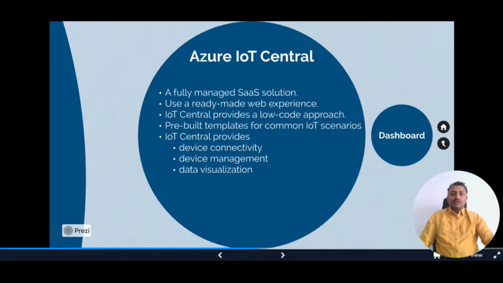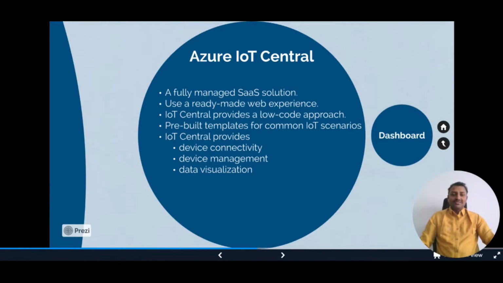IoT Central provides a low-code approach to IoT application development and device management. It has many pre-built templates for common IoT scenarios such as remote monitoring, predictive maintenance, and asset tracking. IoT Central provides device connectivity, device management, and device visualization, everything in one place. It is very useful if you are going to create a rapid prototype of your application.